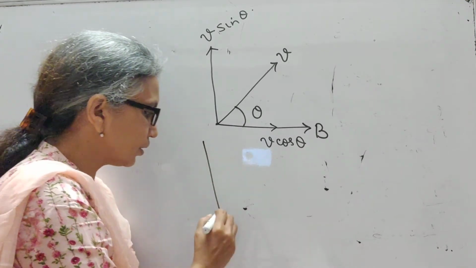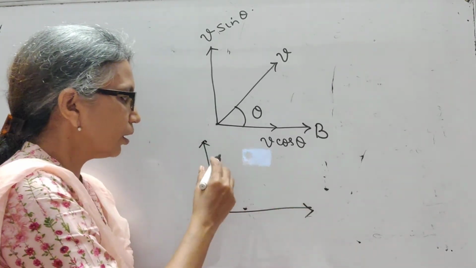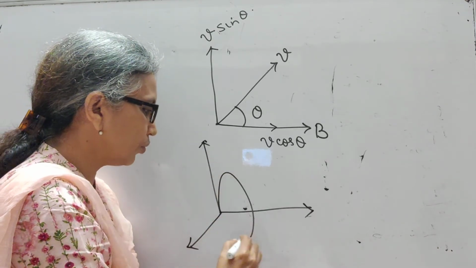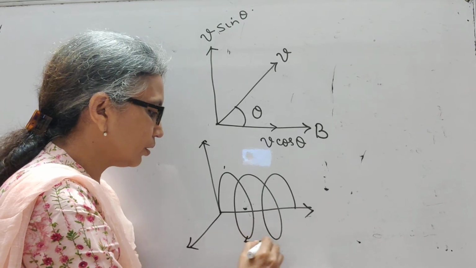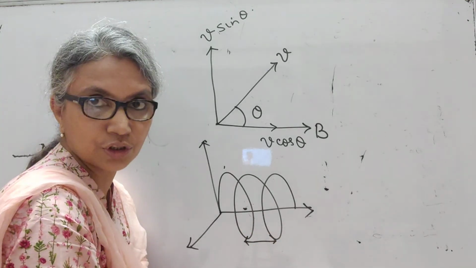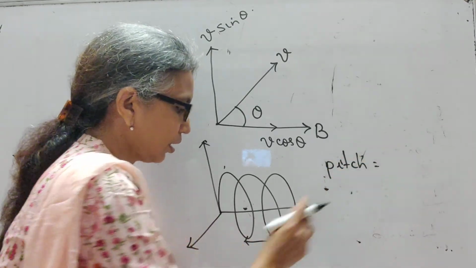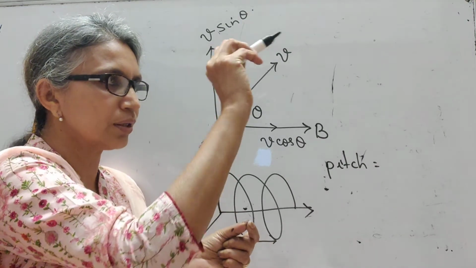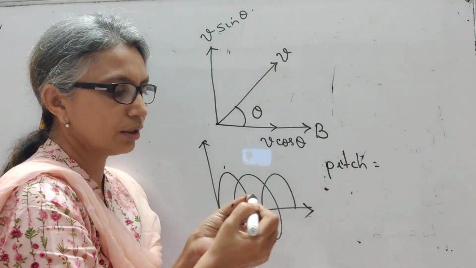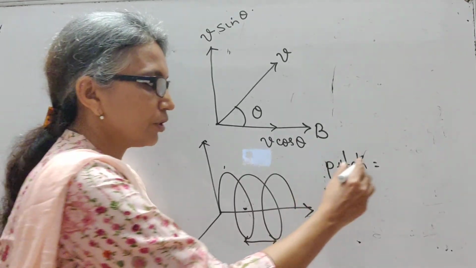So if you were to represent that motion, we have the helical motion like this, and this distance between this is what you call pitch. Pitch is the distance covered by the particle when it completes one complete circular motion. The distance travelled forward by the particle is what you call pitch.